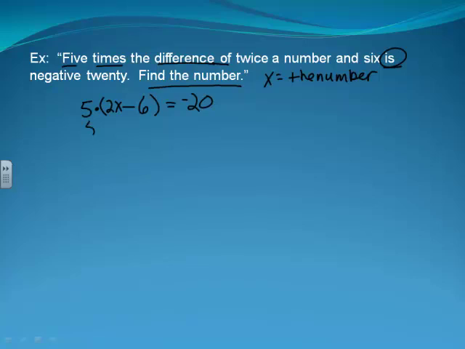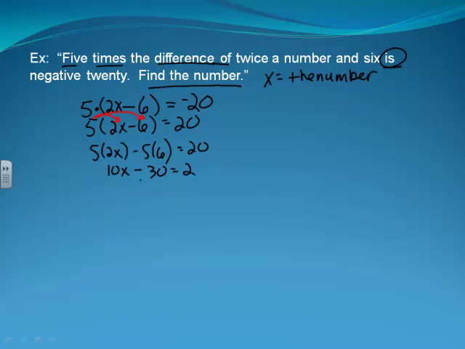Again, with number problems, rarely do you need to try to draw any kind of picture. Now, notice that if I drop that multiplication dot, this first step on the left-hand side is distributive property. So we're going to take that 5 and multiply it to each of those terms. We've got 5 times 2x minus 5 times 6 equals negative 20. 5 times 2 times x is 10x, minus 5 times 6 is 30, equals negative 20.